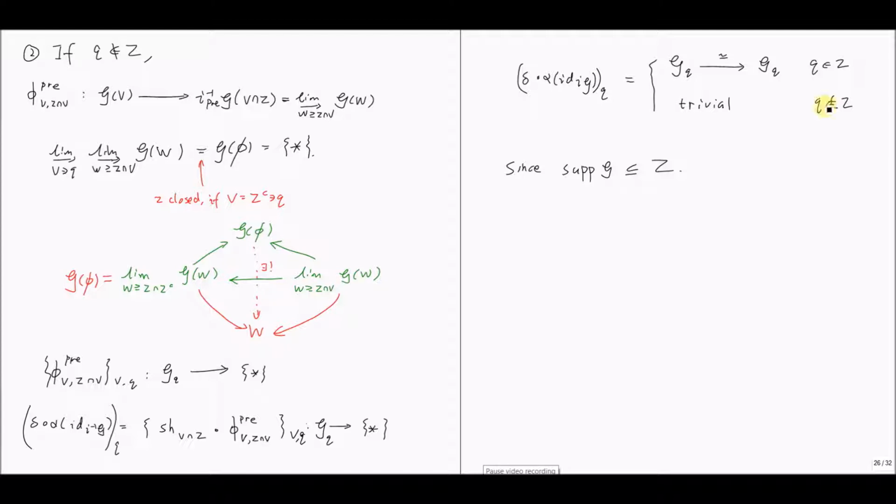So when Q is not in Z, both sides of this arrow will become trivial. And this is still an isomorphism between two trivial things. So this guy will be an isomorphism anyway. So we can combine these two cases. So for any Q in Y, this induced stalk map is an isomorphism.